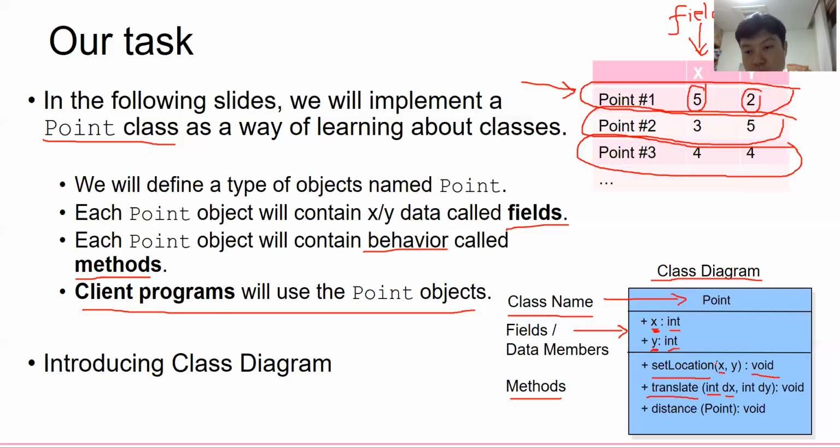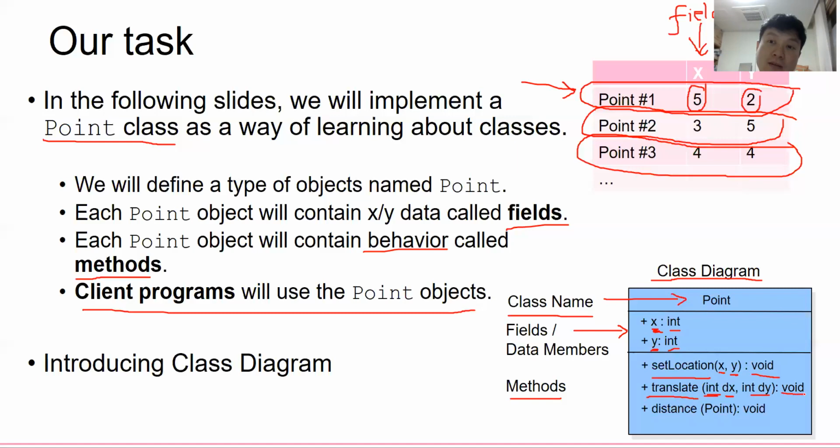If you have y, then you have y here. So when you have other values, you need to define them like this: integer dx. So it is a new parameter, not related to the x in this data member. It is also new data, which is dy, and the dy is an integer.